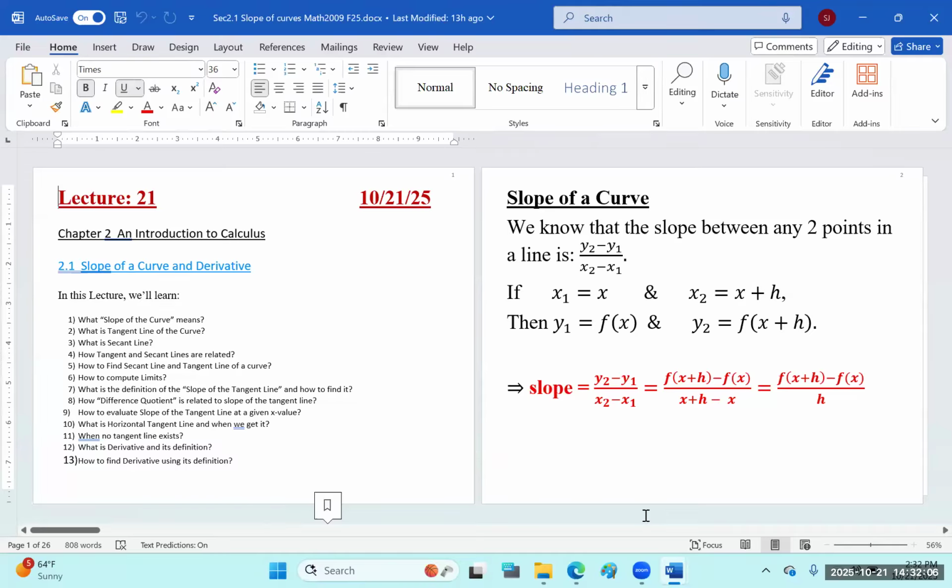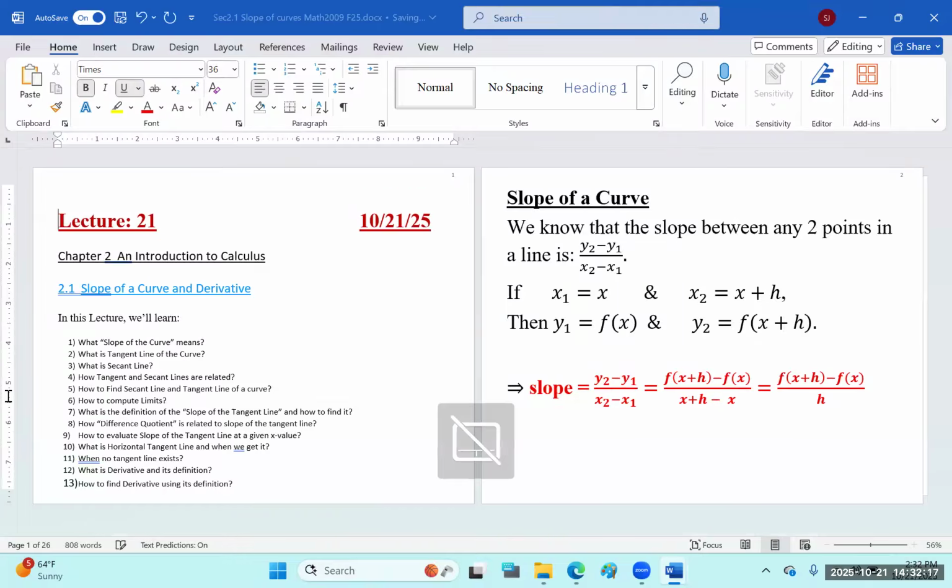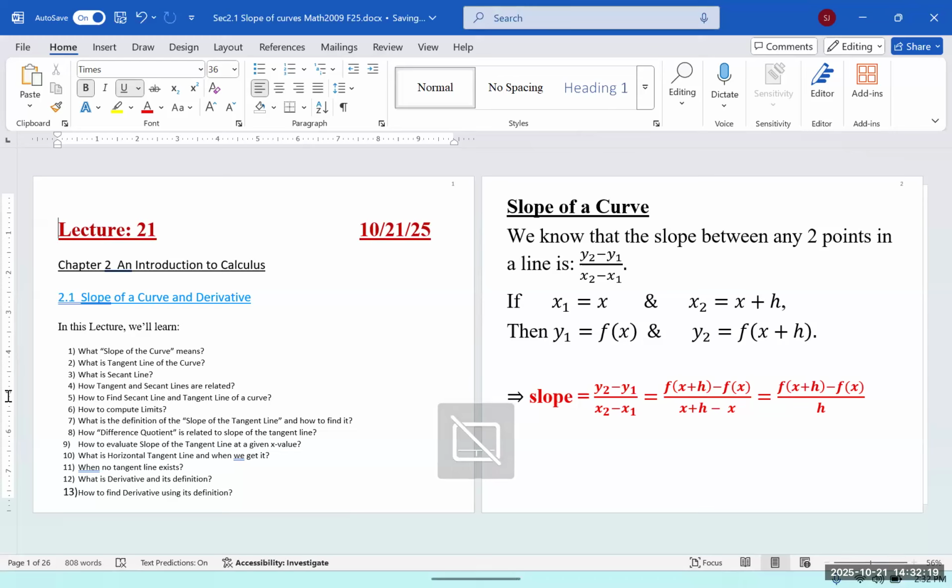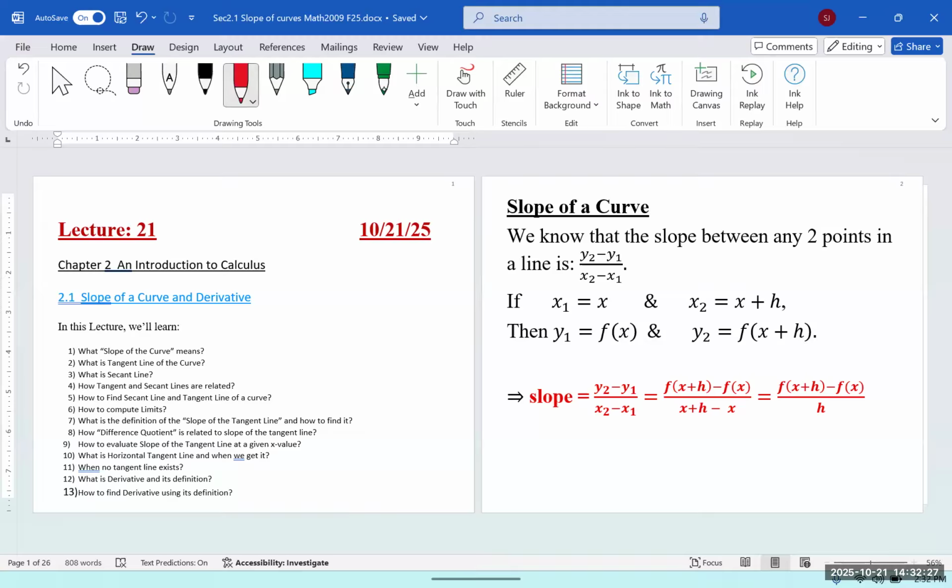Now, if we assume that x1 is just x and x2 is x plus h, what does that mean? Let me draw a picture for you so that it will be easier to visualize. Let's say we have a point here and another point here, and we are trying to see the slope of this line. This point is x1, and here we have x2.